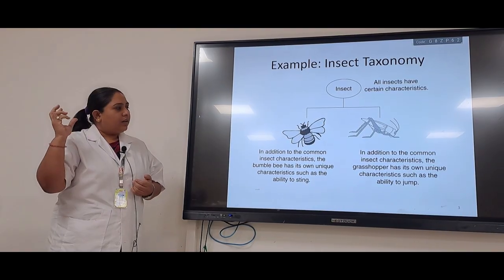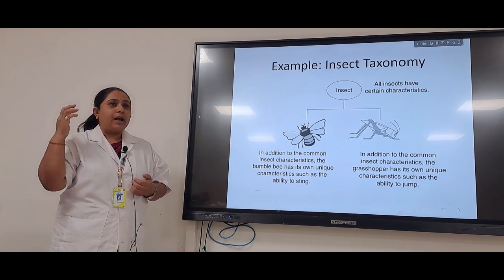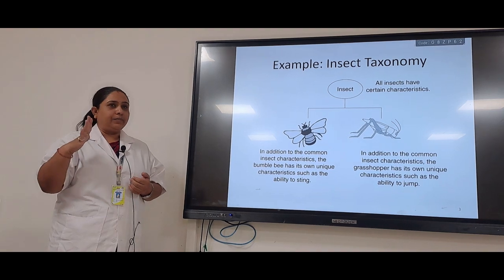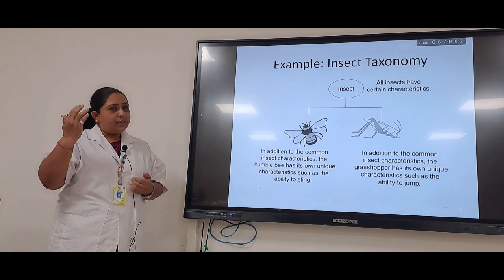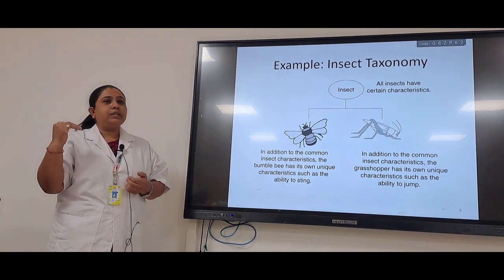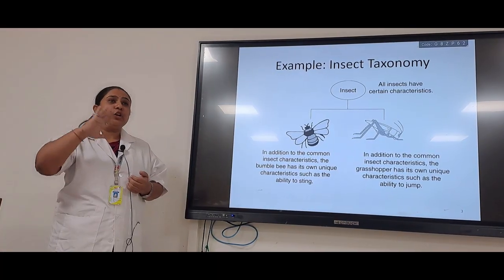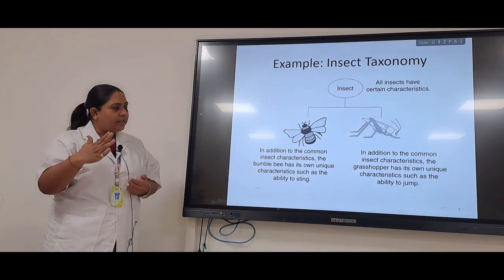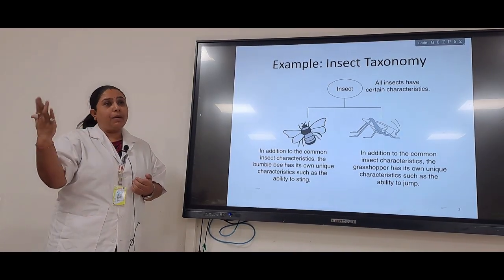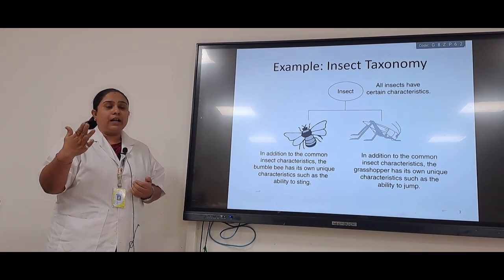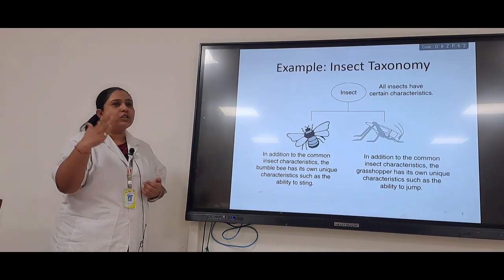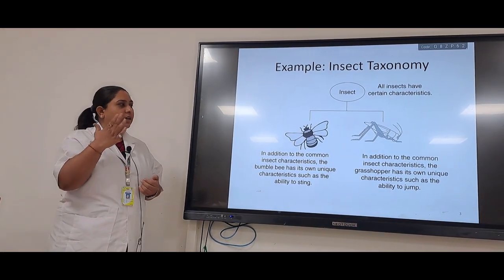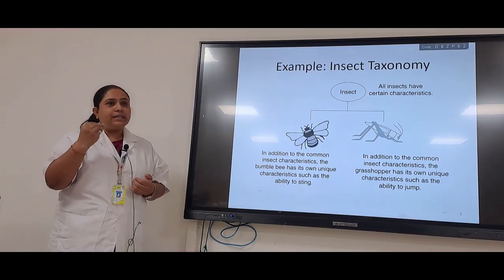Similarly, a grasshopper is also an insect. It comes under the insect category because it has some characteristics common to insects, plus additional characteristics: it can jump and it has a green color. These are the separate characteristics that a grasshopper has.